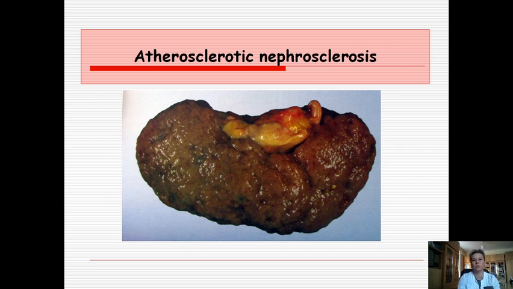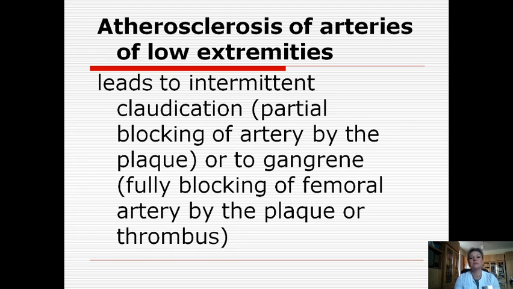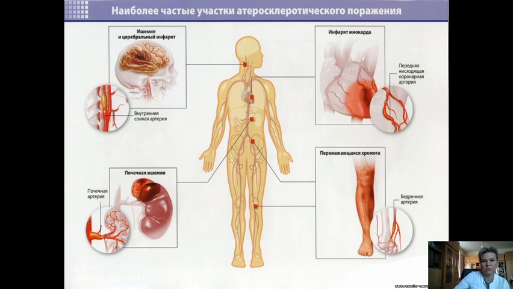Look at this photo, you can see atherosclerotic nephrosclerosis. Atherosclerosis of arteries in the lower extremities leads to intermittent claudication as a result of partial blockation of the artery by plaque, and to gangrene if we see full blockation of the femoral artery by the plaque in combination with thrombosis.